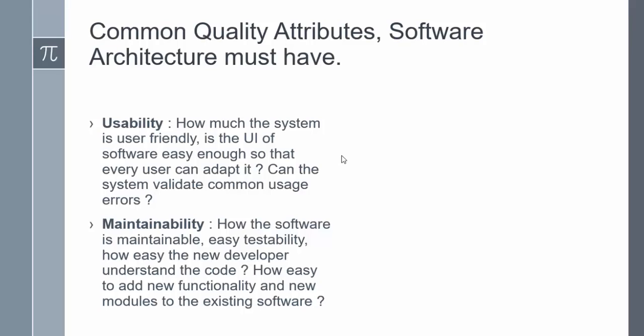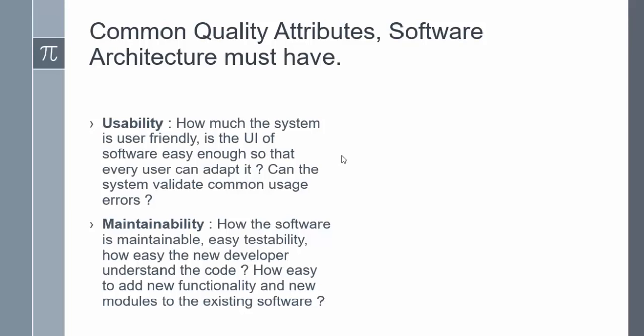The code should not be overburdened or complex enough that new developers coming to this product have difficulty understanding what the code is written for. A good architecture must emphasize that the code of the application should be simple enough to be easily understandable.